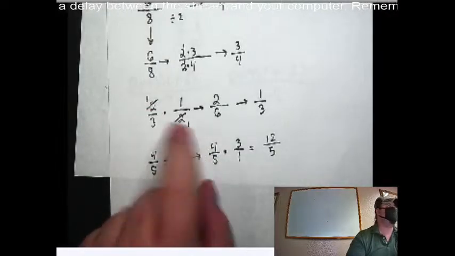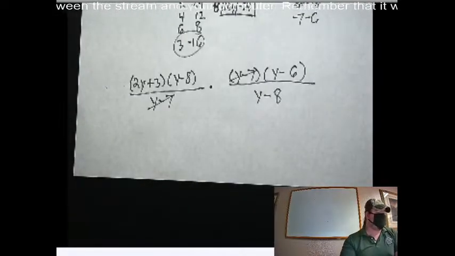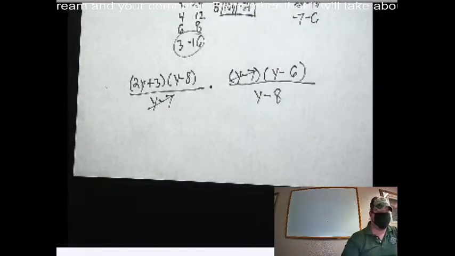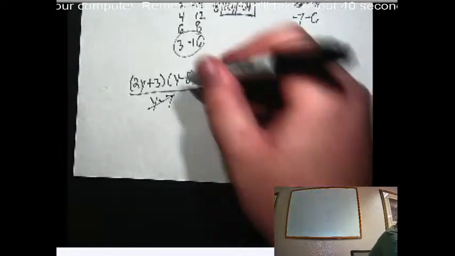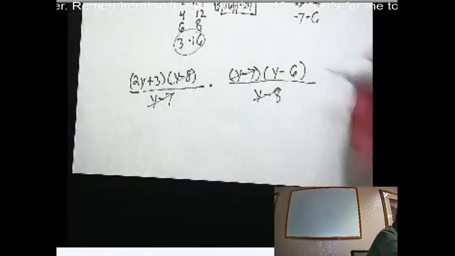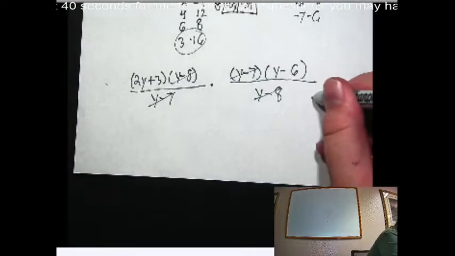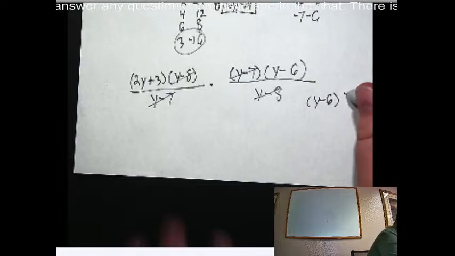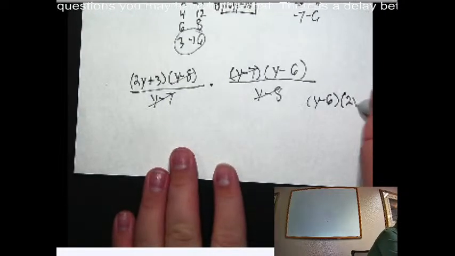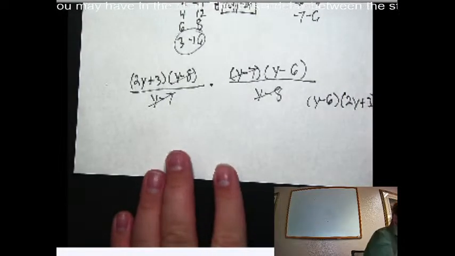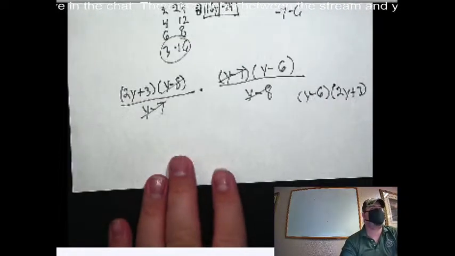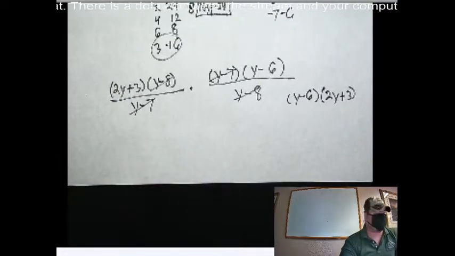We can reduce them even if they're on opposite fractions. Anything else? Y minus 8. Also common. So, what we get at the end here is y minus 6 times 2y plus 3. There's nothing left on the bottom, so we don't have a bottom to write down.